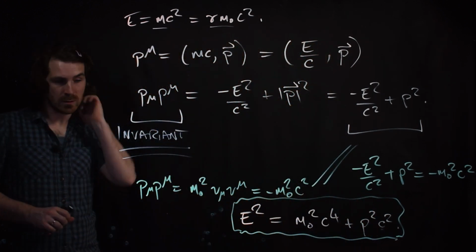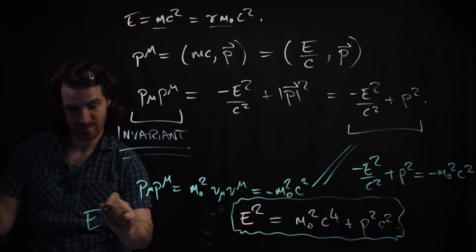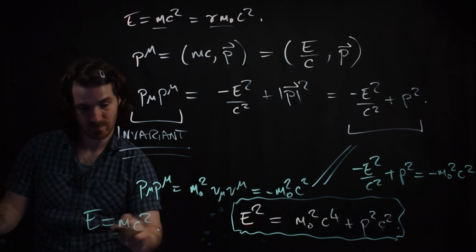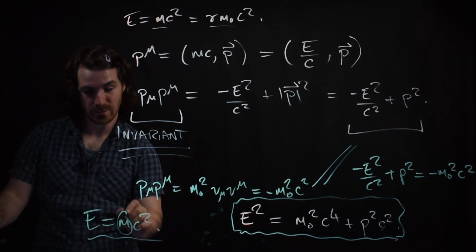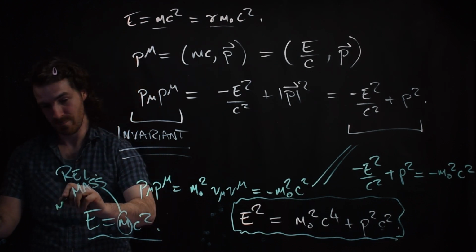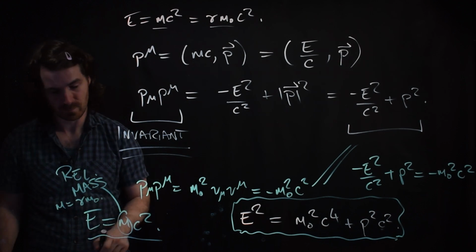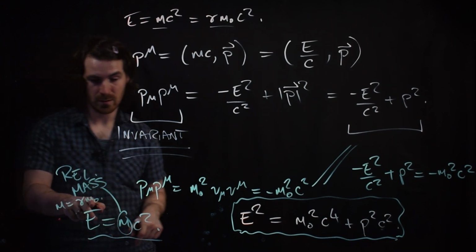Okay, so E equals mc squared, where this m is the relativistic mass, m equals gamma m0, the gamma factor times the rest mass.